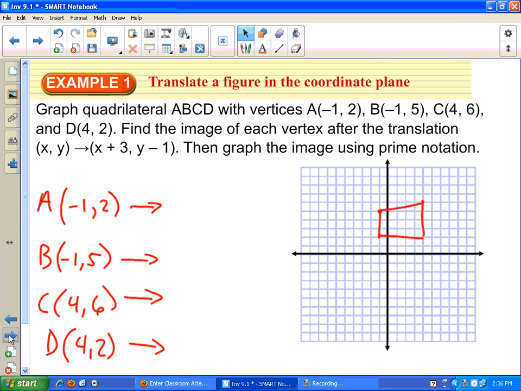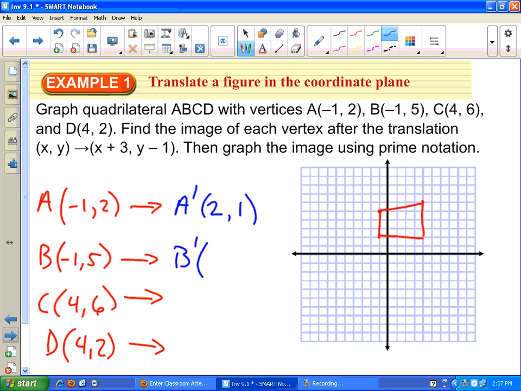I have to add 3 to my x value. -1 plus 3 is 2. And I have to subtract 1 from my y value, so 2 minus 1 is 1.